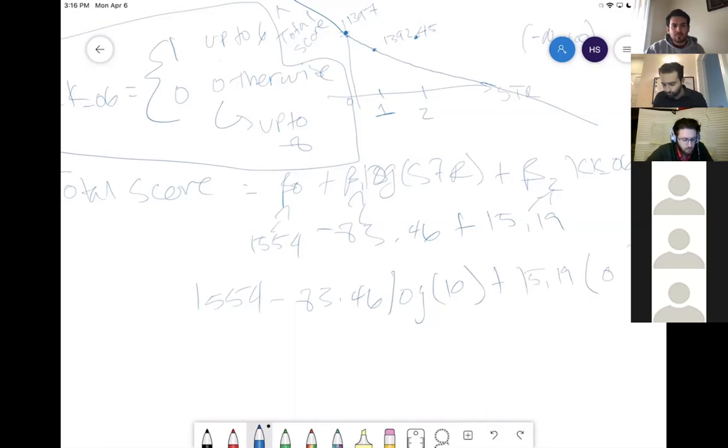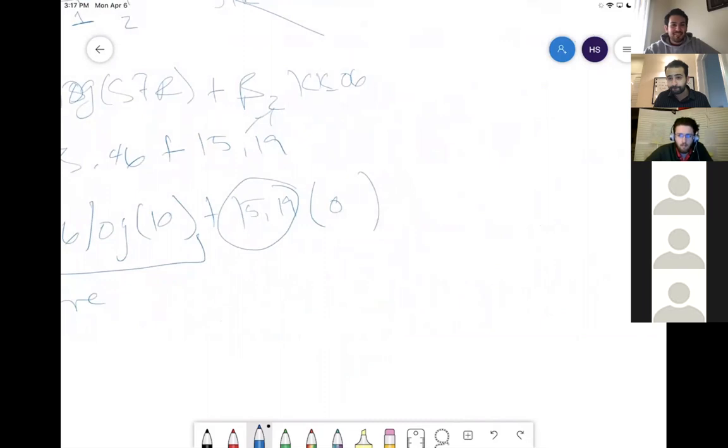Interesting. So ignoring all of this term for a moment, we're saying that if a school only serves up to grade 6, on average, their test scores go up by 15 points. So we can ignore all else.